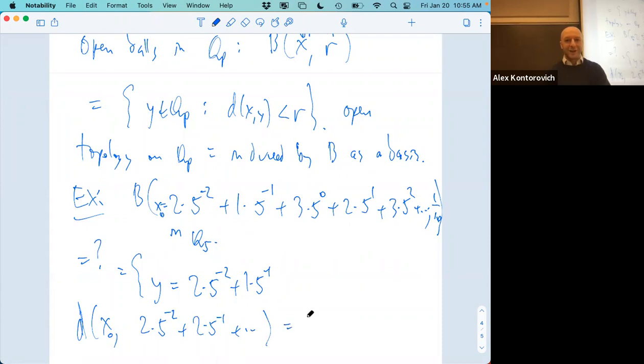So this distance actually is 5. The distance between these two guys is 5. Okay, so I'd better get this coefficient right.